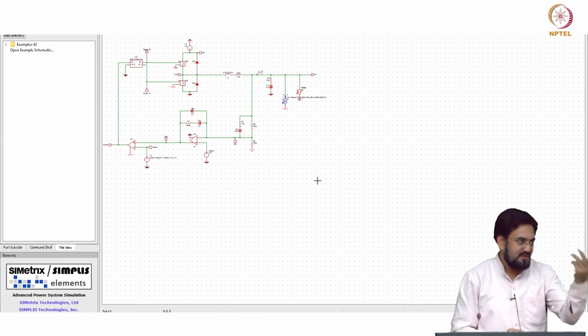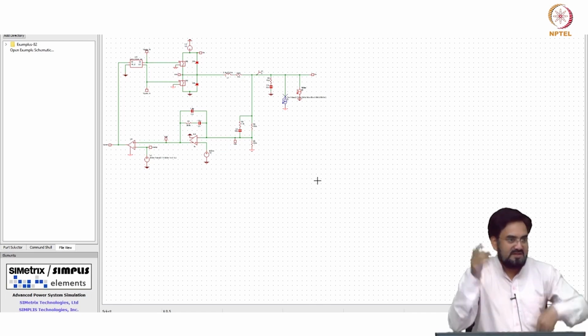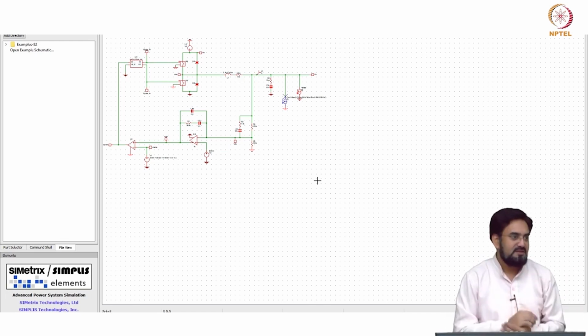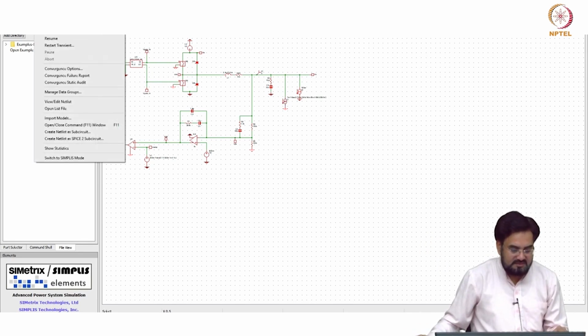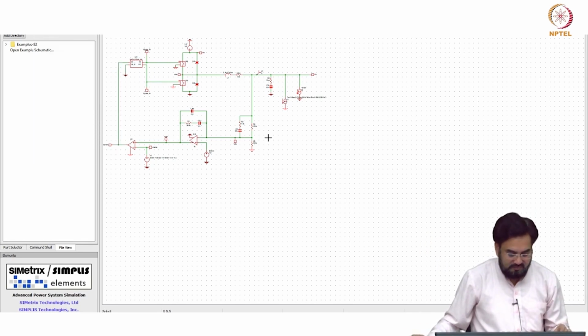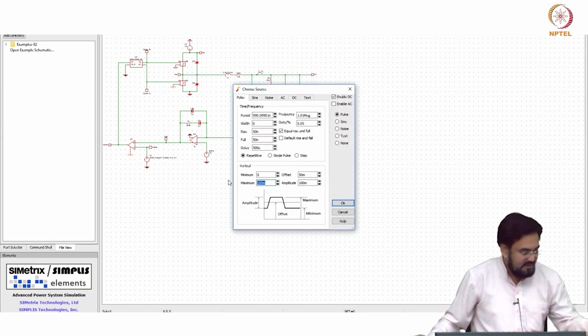Just take the case of an inverter: during the transition only you get the current spikes. So I will turn this off.